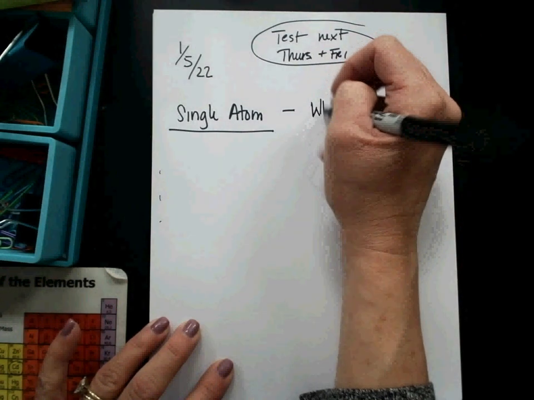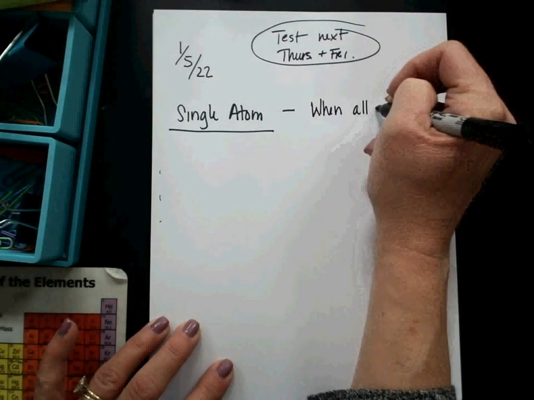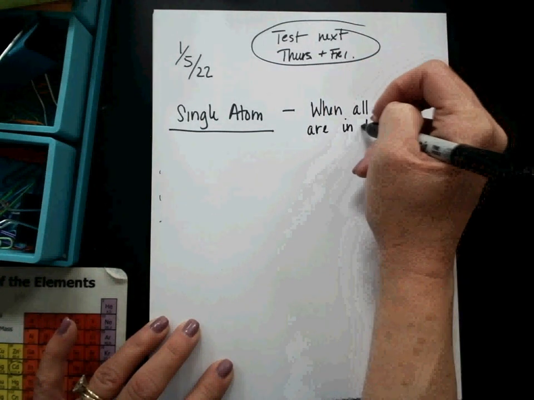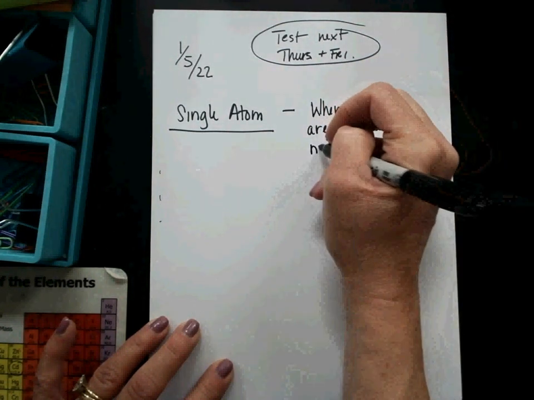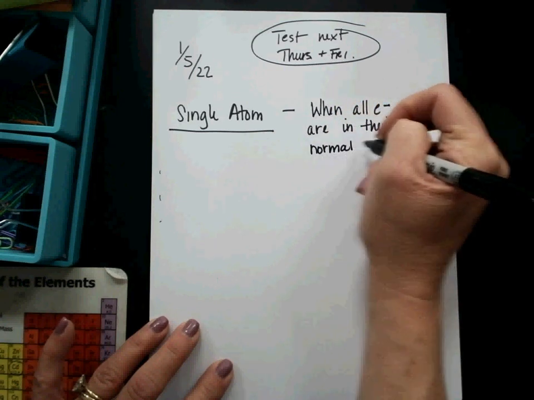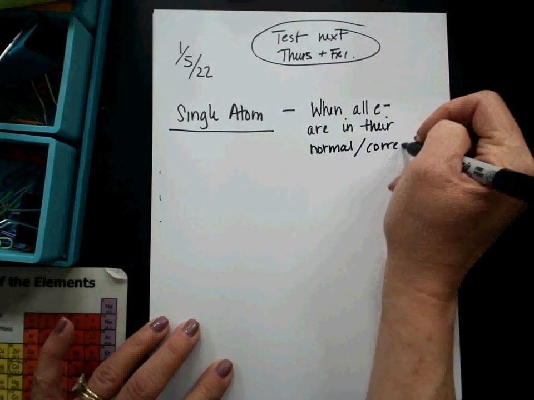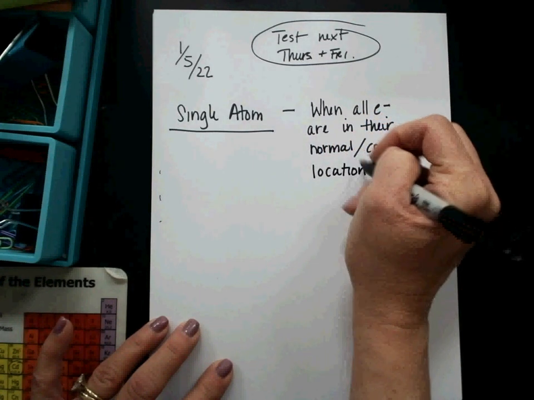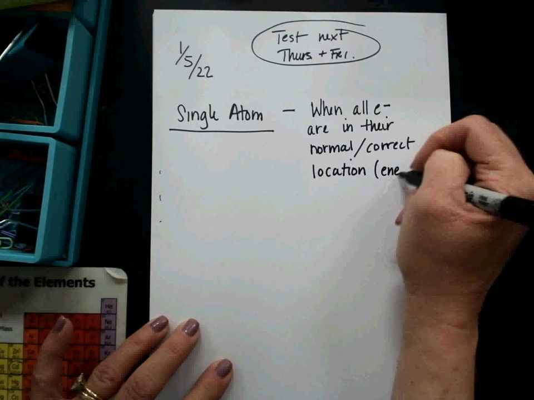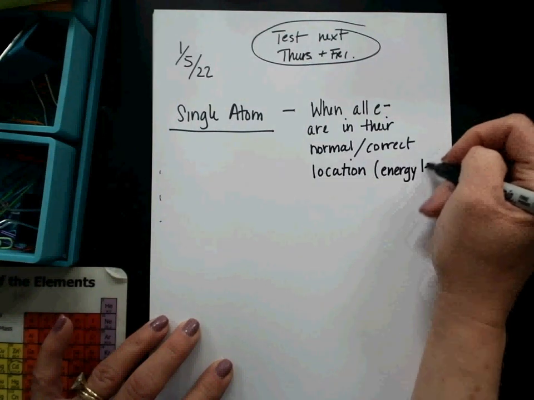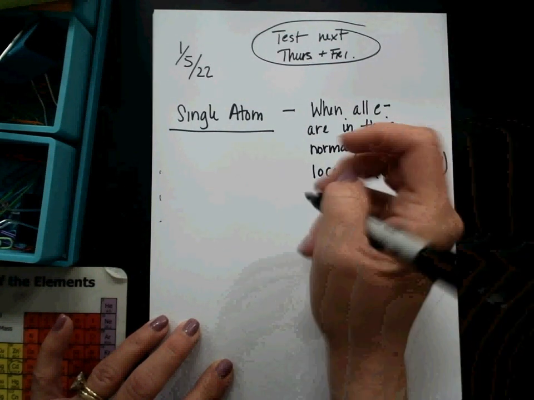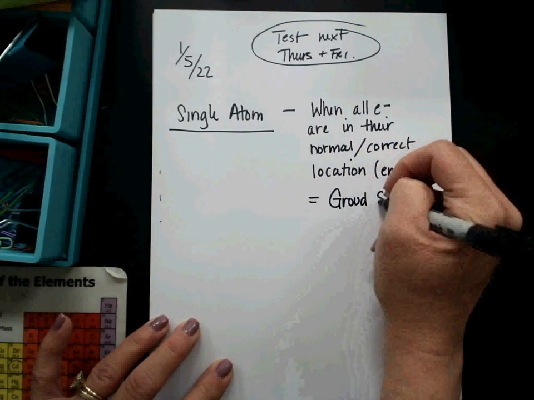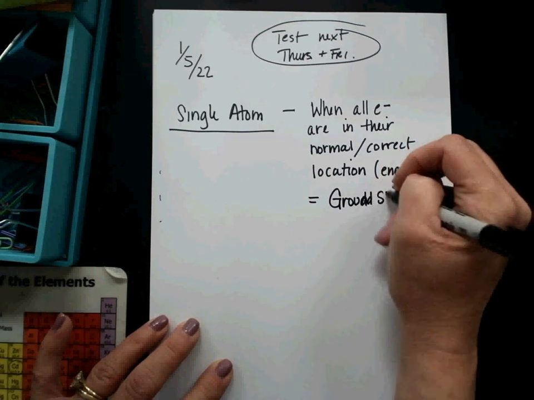When all the electrons are in their normal, or I could say correct location, which would be the right energy level, that's called ground state.